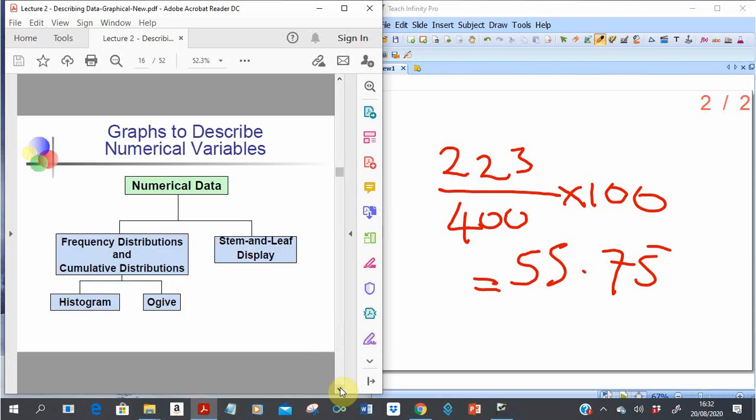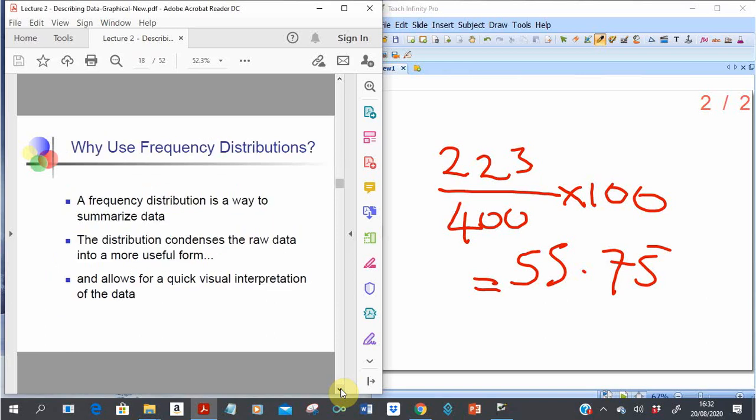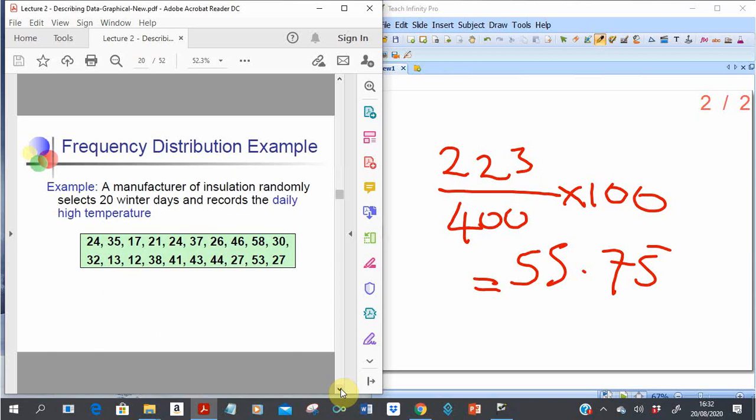Okay, so we move to numerical data representation. Of course, it can be tabulated on a frequency distribution table. We already have done this, so maybe let's just revise with this example.